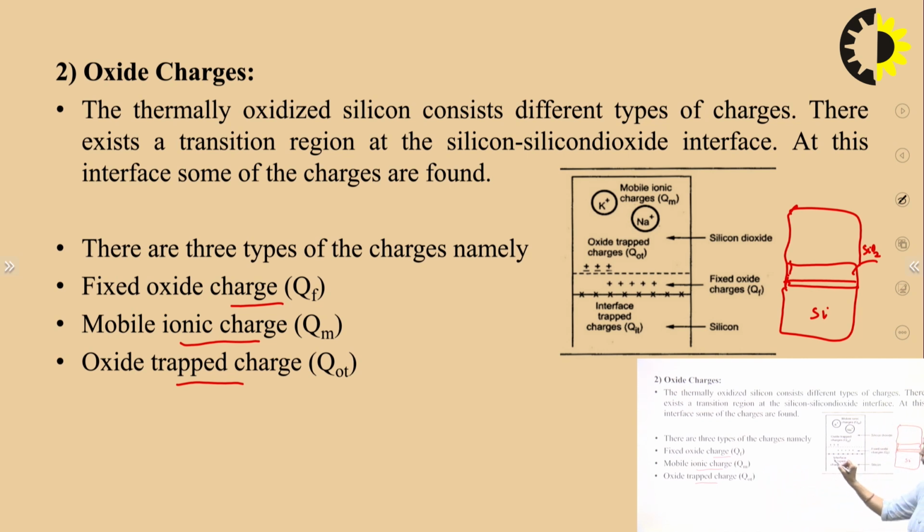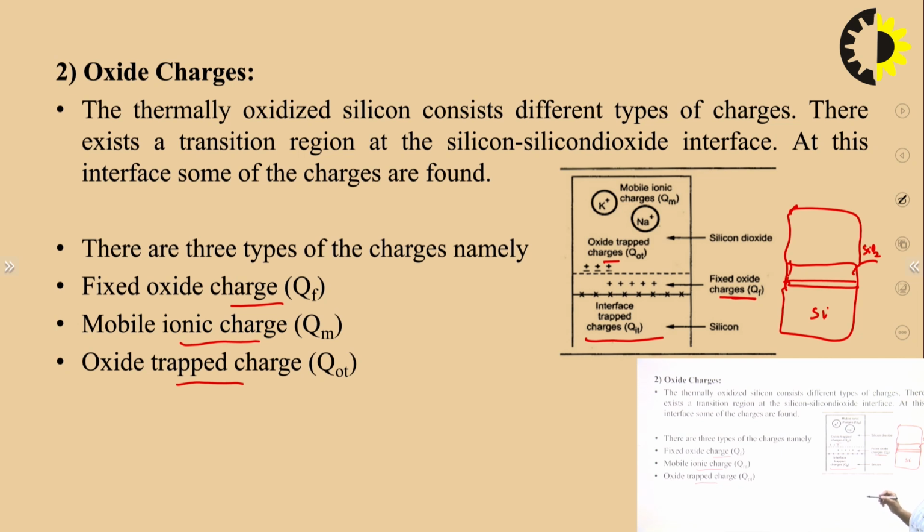This is basically your silicon substrate. The charges at the silicon substrate are known as QIT, that is, interface trapped charges. Then we have the fixed oxide charge, that is QF, for those about to go inside your substrate, and the ones above it in the silicon dioxide are the oxide trapped charges, QOT, right? The ones which are free, like ions, are called QM, right?